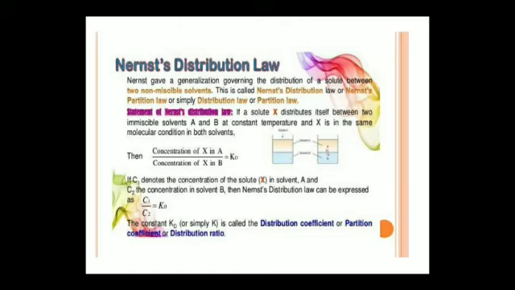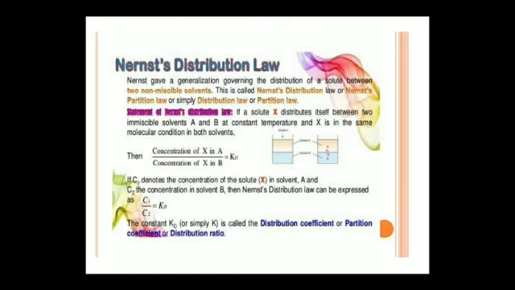For example, if a solute X is taken, it can be distributed between two immiscible liquids A and B at constant temperature, shaken for some time. The drug X can be dissolved or distributed between both of the liquids at the same time.